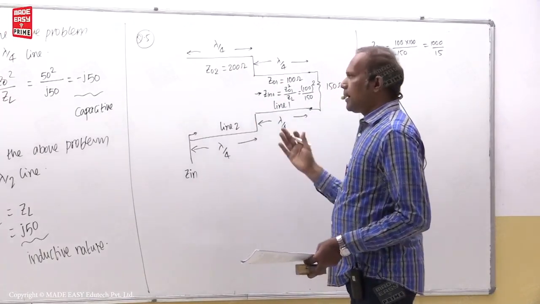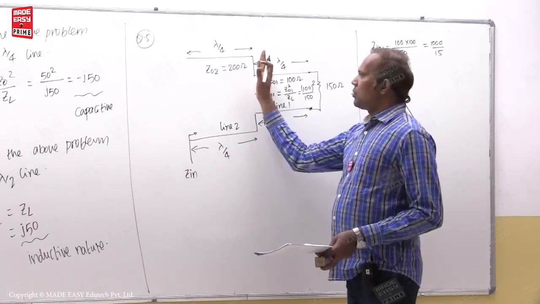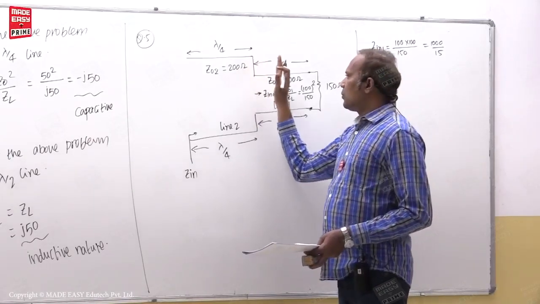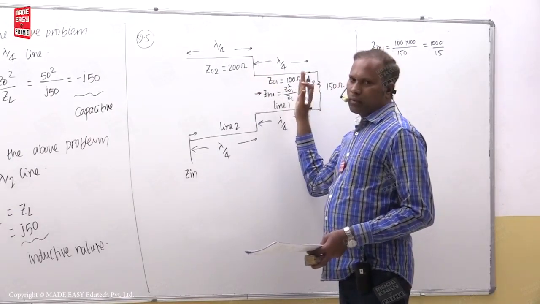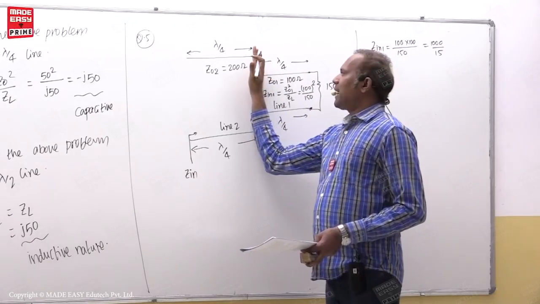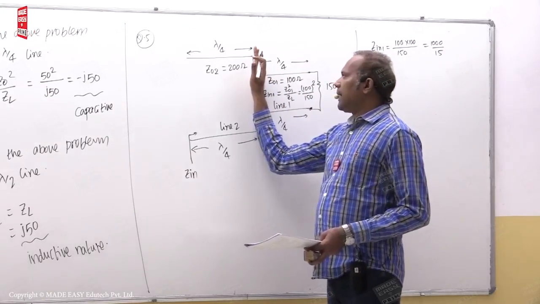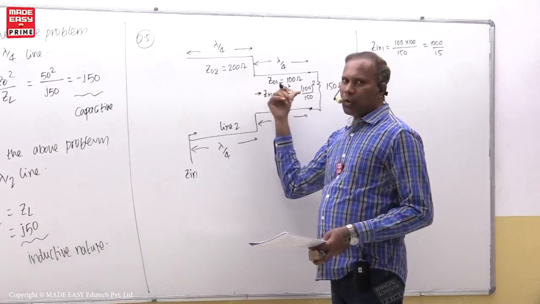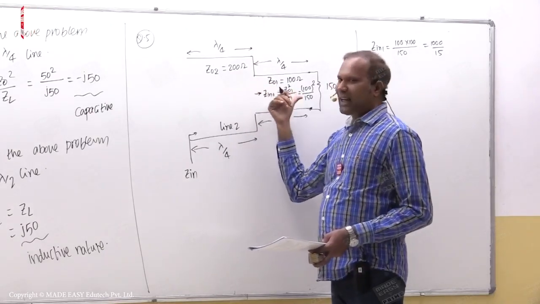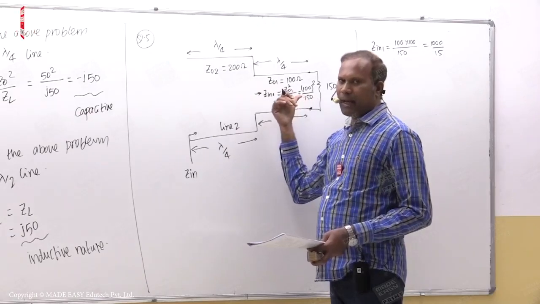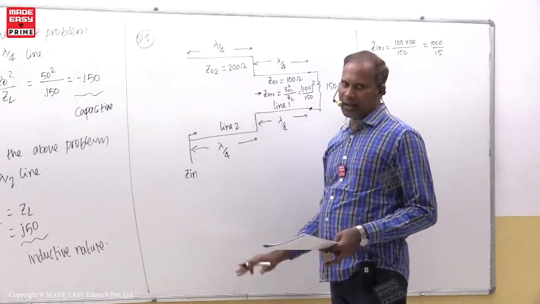Reason is, it is like analog circuits. If I assume this is transistor 1, assume this is transistor 2, the output of the transistor 1 is given to the input of the transistor 2. So input impedance of the second transistor behaves like a load impedance to the first transistor, like that it is.